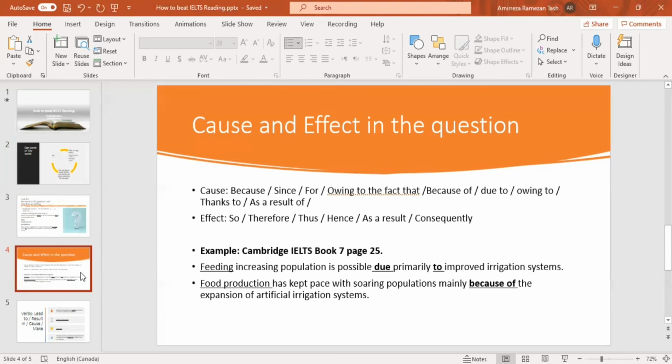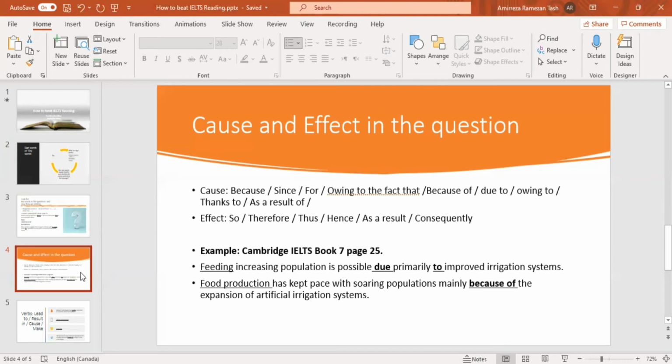In the question, there is a cause and effect relationship between feeding and improved irrigation systems. It means that because of improved irrigation systems, there is feeding. So feeding and irrigation systems are connected through a linker that shows cause and effect, which is "due to".